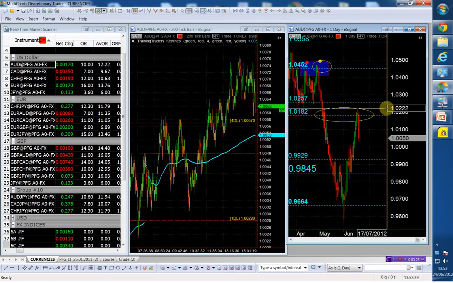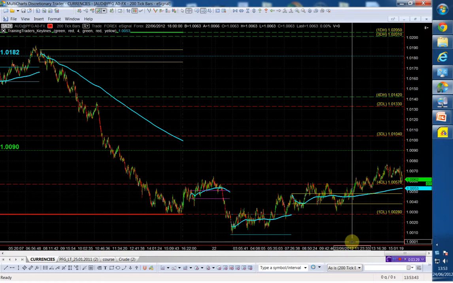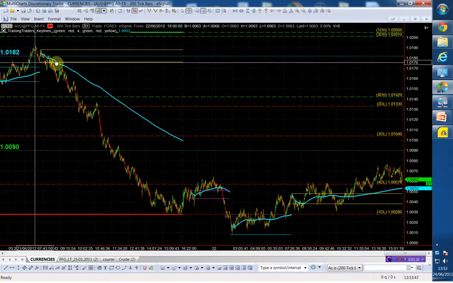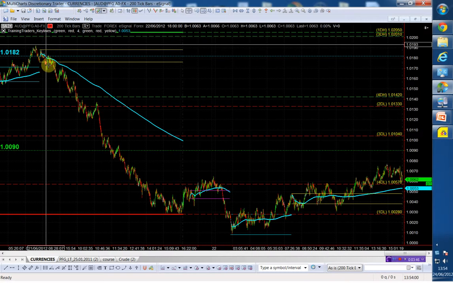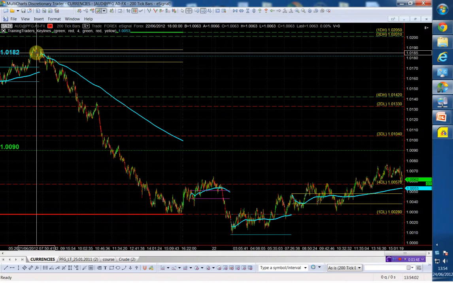We're going to look at the intraday chart and try to pinpoint our entries to the day. That is your trend, that is your 101.82, and these are some of the little points that when you put these structure points on your intraday screen, the chart begins to talk to you.